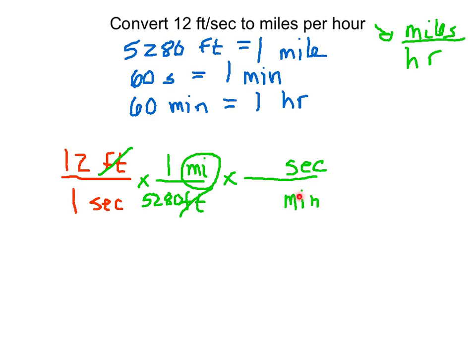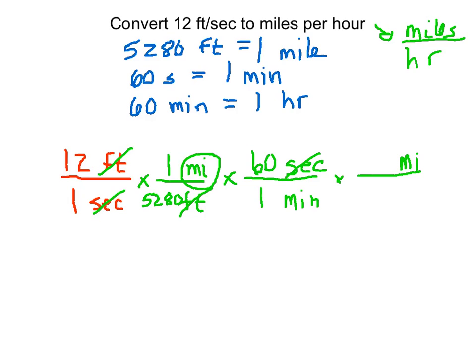I'm going to convert between seconds and minutes. I know there are 60 seconds in 1 minute. If I were to stop right now, seconds cancel. I would have miles per minute, but I don't want miles per minute. I want to cancel out minutes. So since minutes is in the denominator, I need to cancel that out.